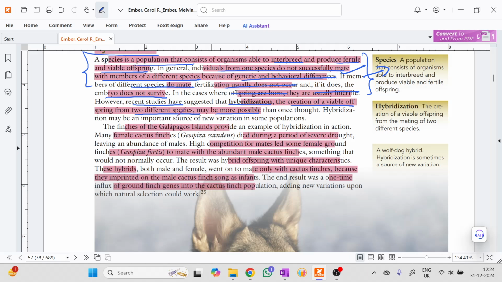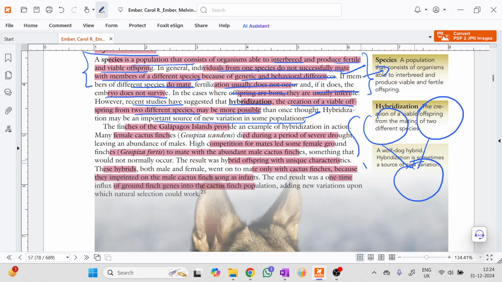So it may be another source of new variation in a population, because hybridization will bring a whole set of new genes into the otherwise uniform or homogeneous composition.